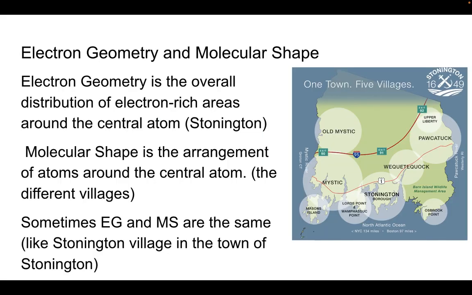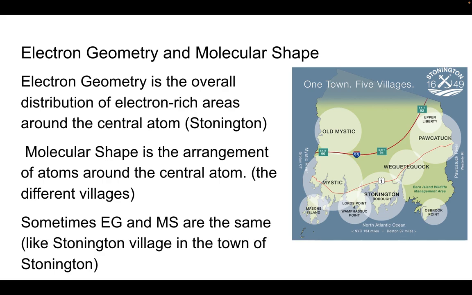Okay, so electron geometry and molecular shape remind me of your location in Stonington. So electron geometry, we are all Stonington residents in this room, okay? That's like your electron geometry. Anything that has 4 things around it has an electron geometry of tetrahedral.